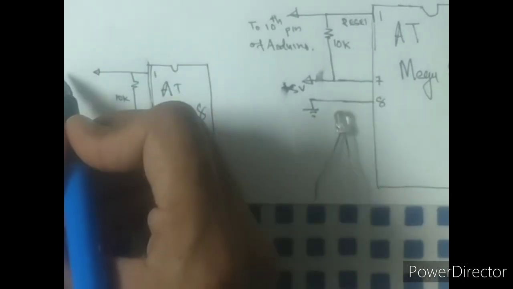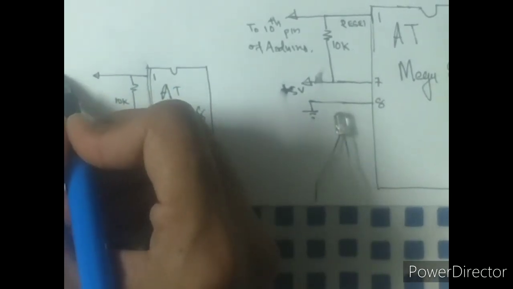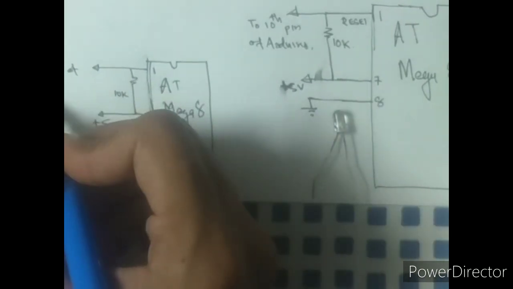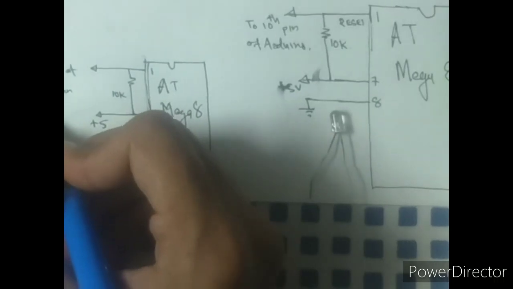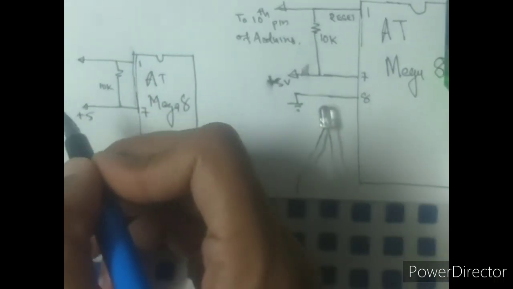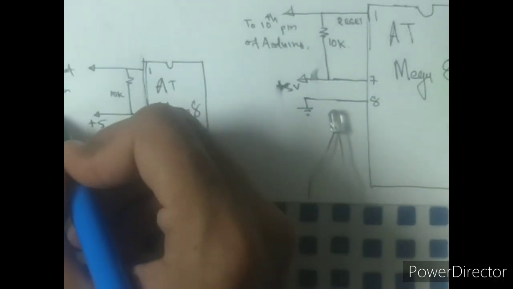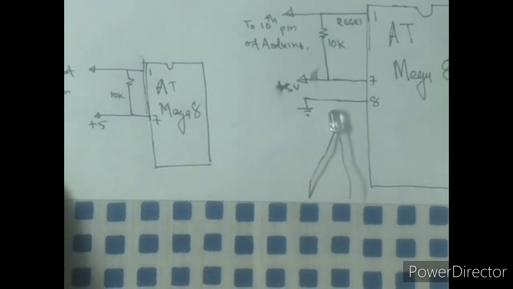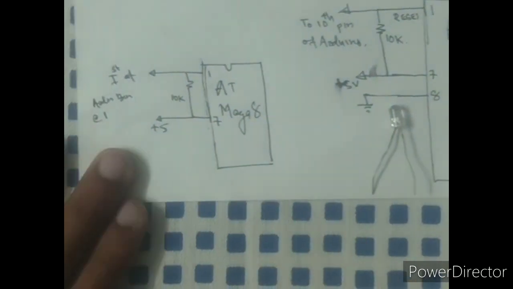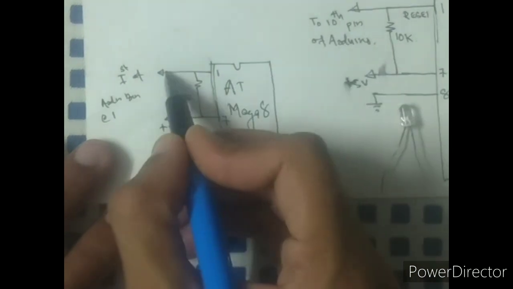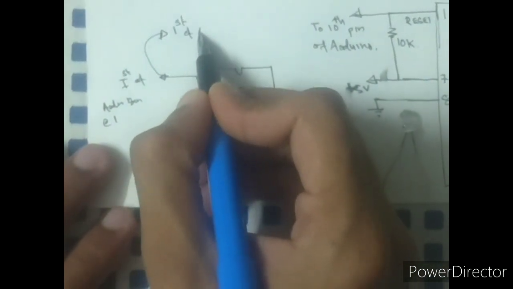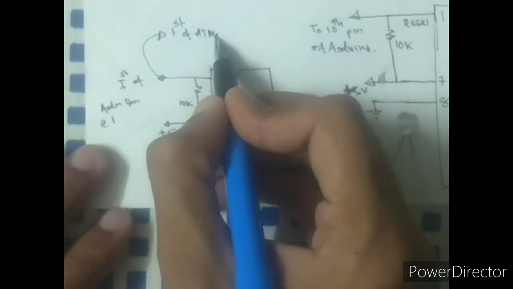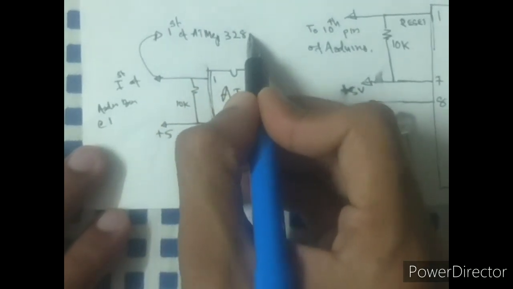This I have connected to the first pin of the Arduino board. The reset pin is to be connected to the first pin of ATmega 328P.